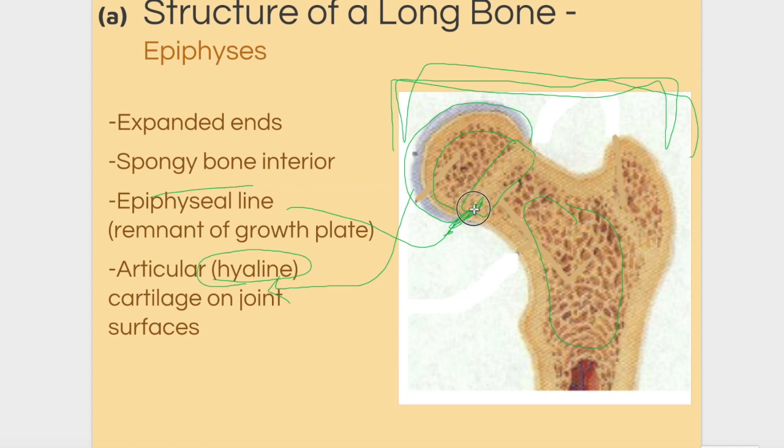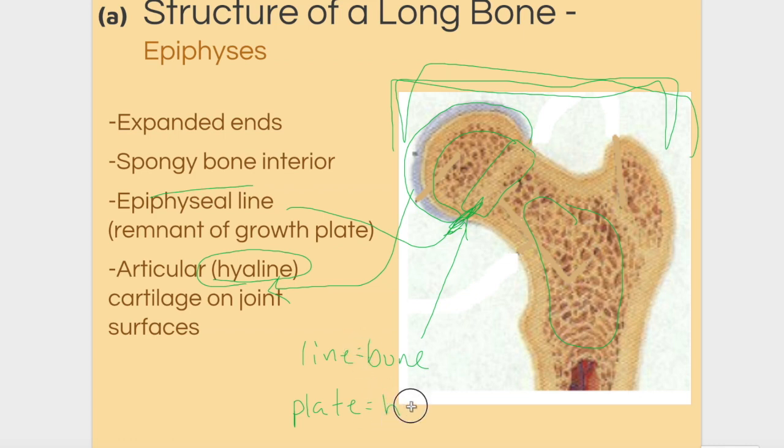Fun fact, this epiphyseal line, as an adult, is called an epiphyseal line, and it's actually made up of bone. It's like a bony tissue. However, when you are a child and still growing, it's called an epiphyseal plate, and it's not made up of bone.